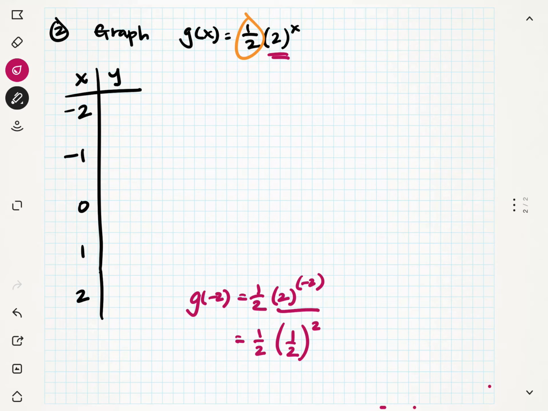Those of us who are doing that extra step just to get rid of that negative sign. The negative sign means to reciprocate. Now we're doing this still, right? Exponents before multiplication in order of operation. So 1/2 squared is going to give us 1/4. So 1/2 times 1/4 is 1/8.